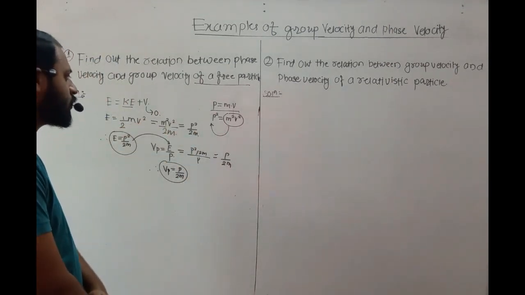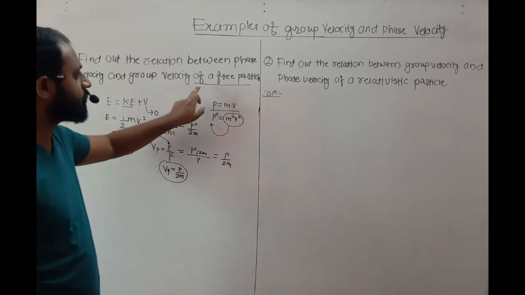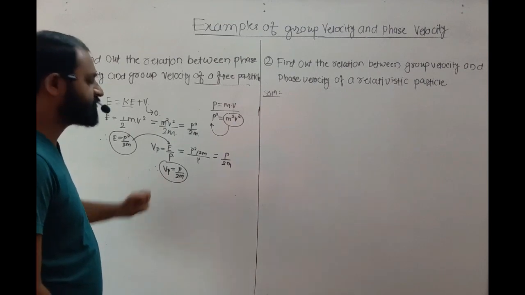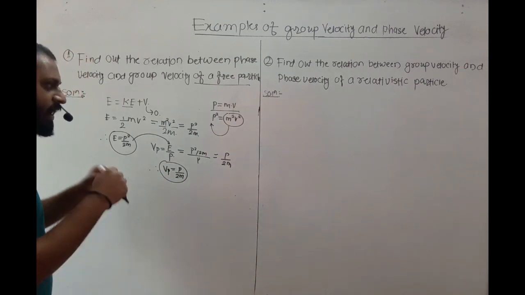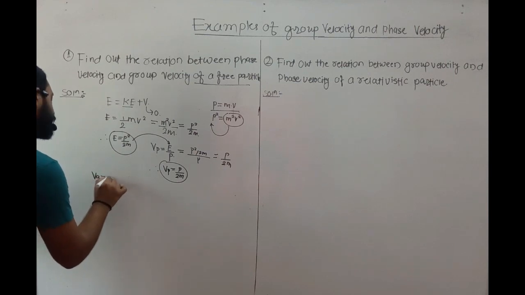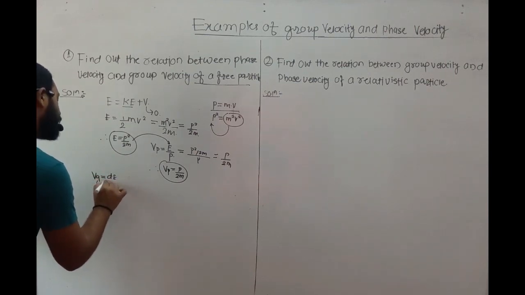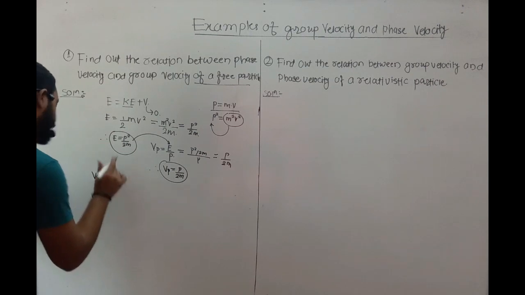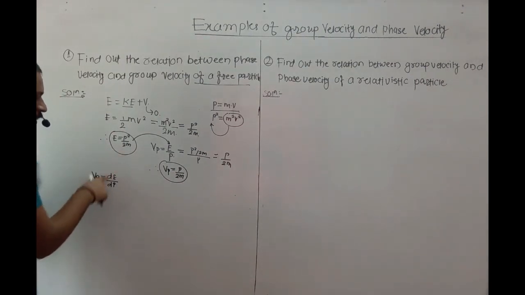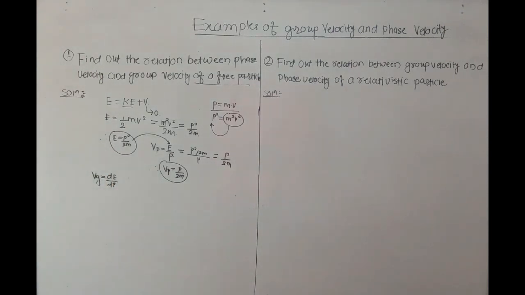Now, they don't ask for the phase velocity of a free particle. We have to find the relation between the phase and group velocity. I have also given you the group velocity formula in terms of energy and momentum, that is Vg equals dE by dp. Now you have E, therefore you have to differentiate.